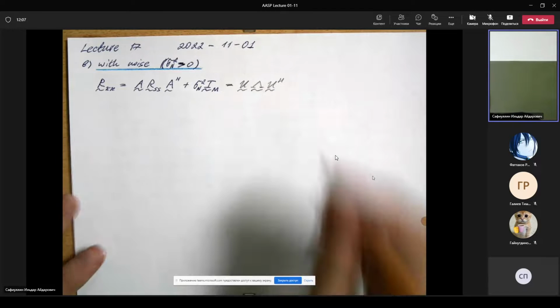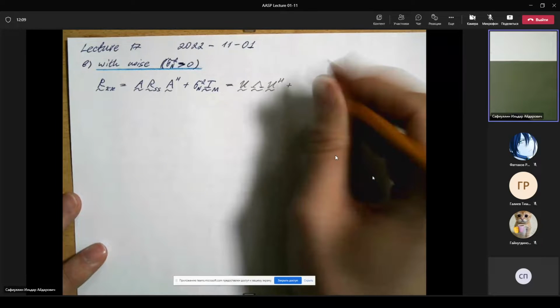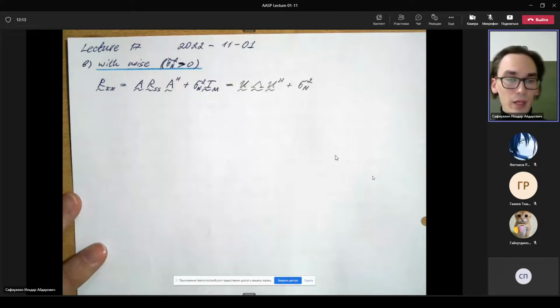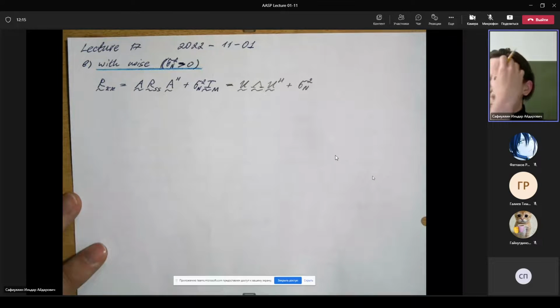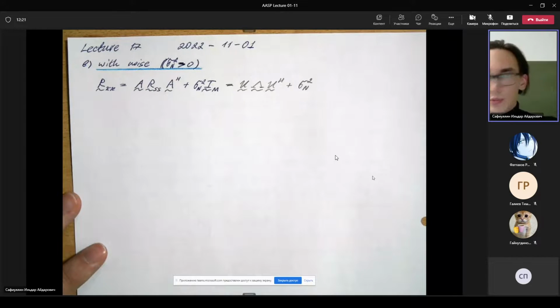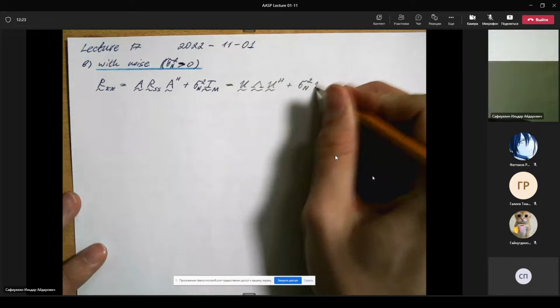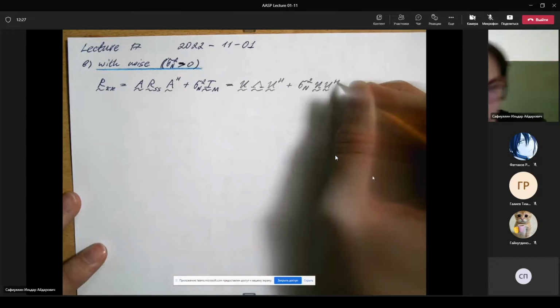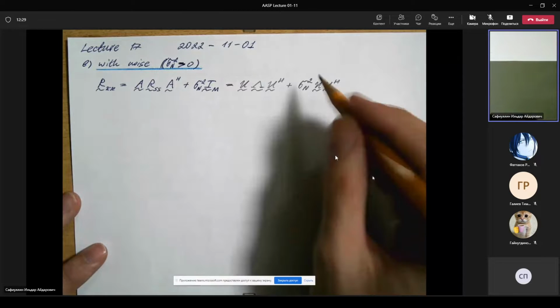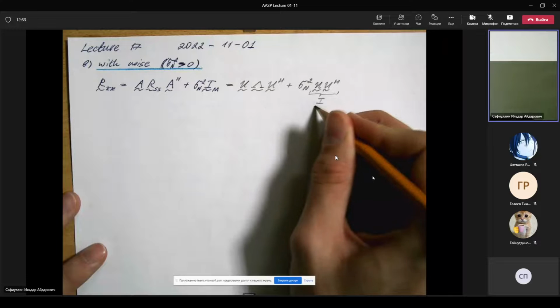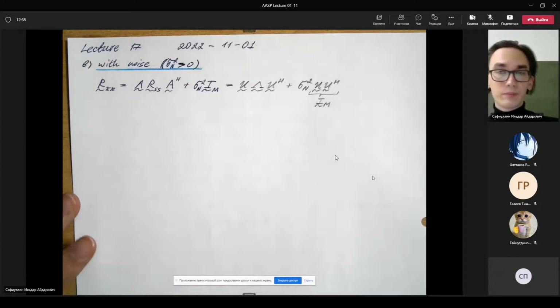And now we need to add this noisy part, sigma squared, and in this case, instead of the identity matrix, we can use U times U Hermitian, because this multiplication is the identity matrix of size M.